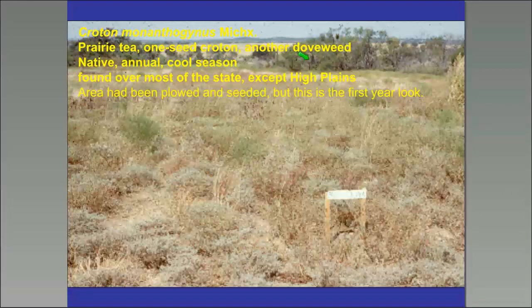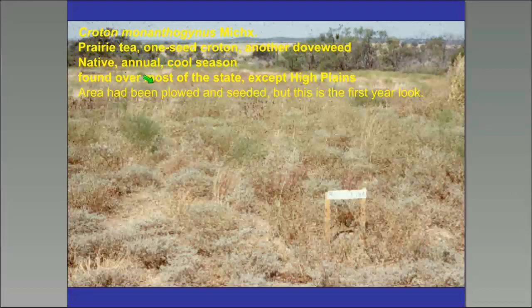But a lot of people look at it as just being another doveweed, something that they might put importance on for dove and quail and seed-eating sparrows that lived out on the prairie. Again, the plant is native. It's an annual. And I wrote cool season in there, but it is labeled predominantly here as a warm season plant, germinating in the spring, flowering as we go into summer, and then losing its leaves and leaving a red stem as I go into the fall.